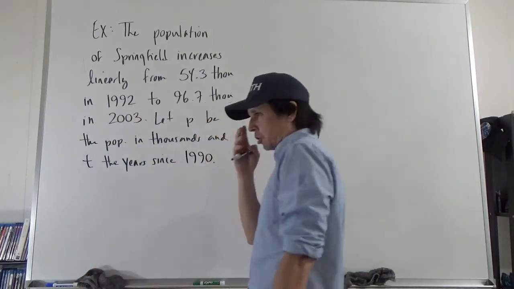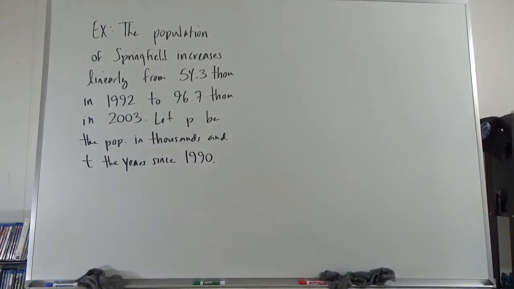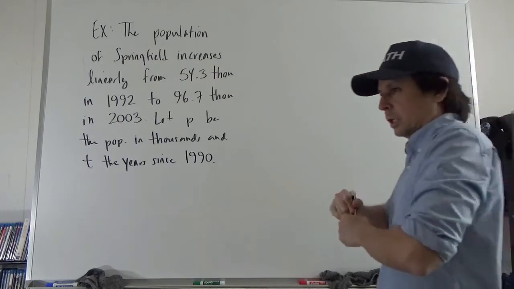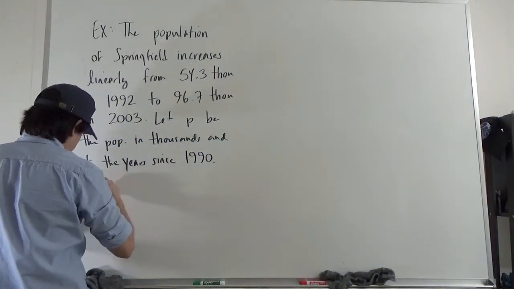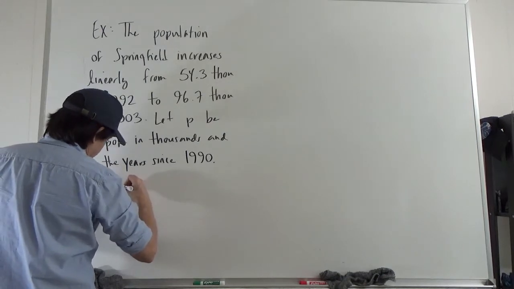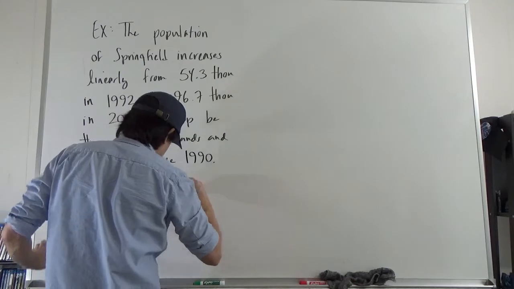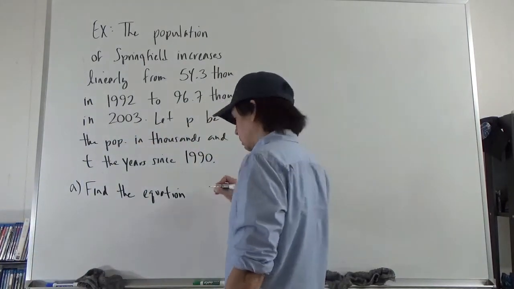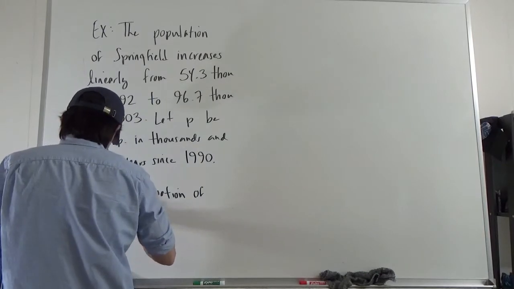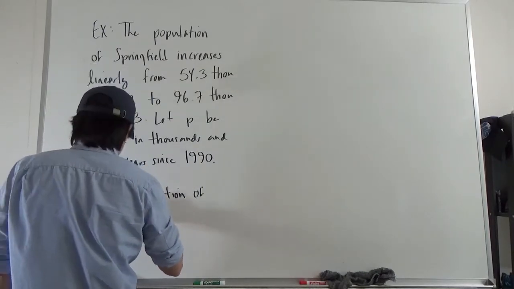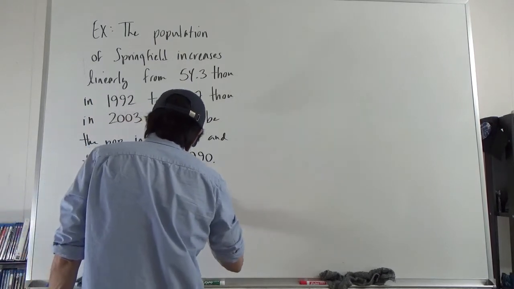So same sort of question, I condensed it a little bit, but same idea. They didn't ask a question yet. Our first question is, find the equation of the linear model that describes the data.